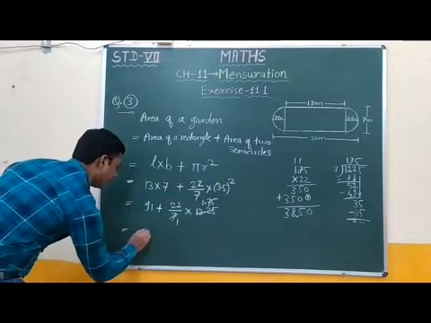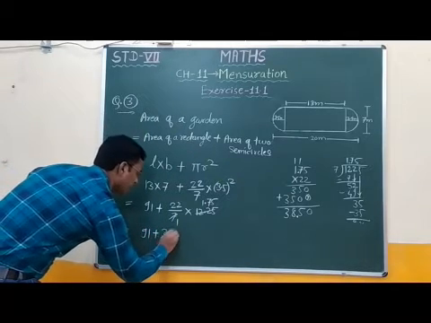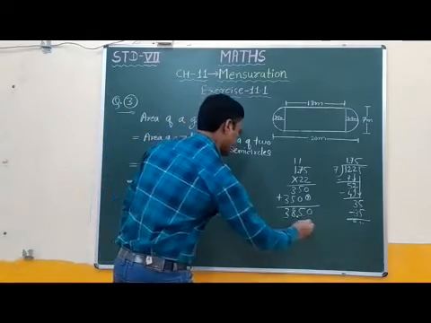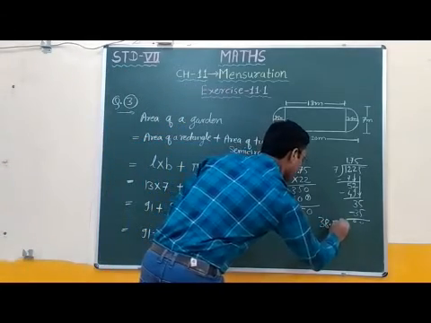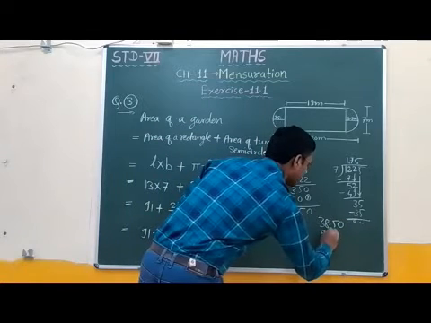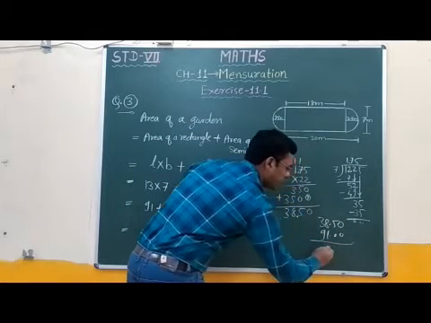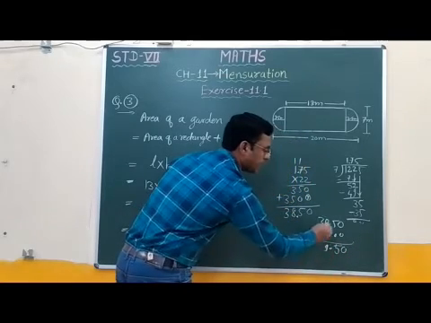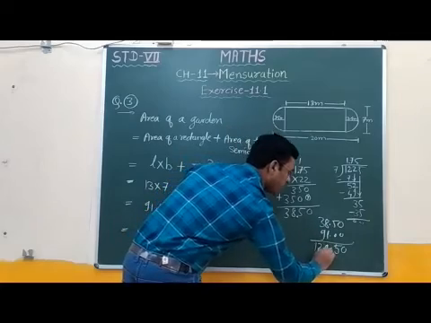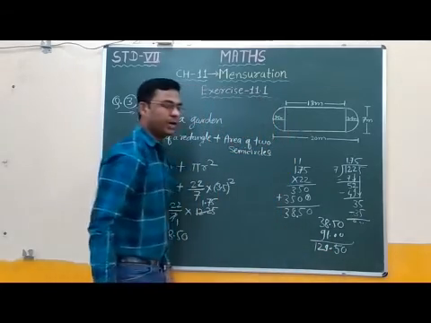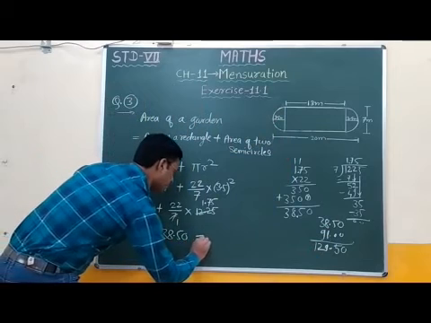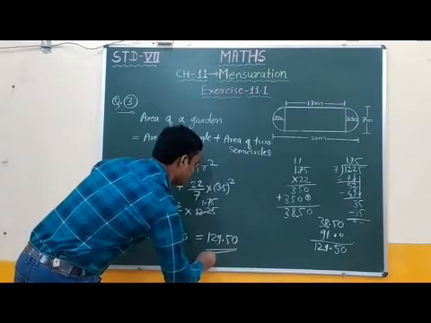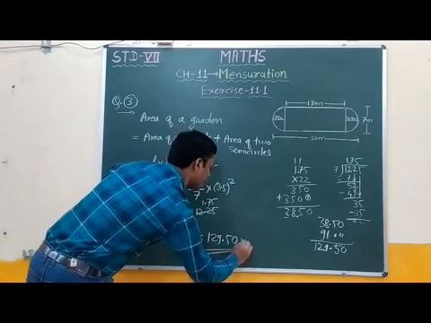Therefore here we can write 91 plus 38.50, and if we add these two, 91.00 plus 38.50 gives 129.50, that is meter square.